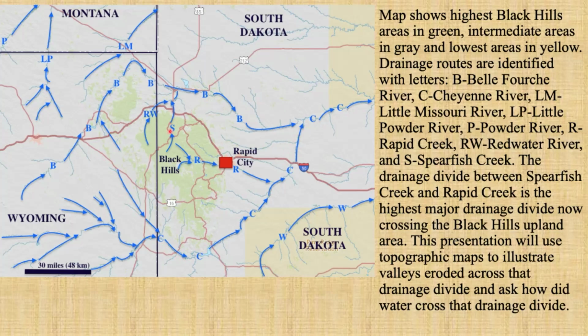Now, both Spearfish Creek and Rapid Creek are what we would call barbed tributaries in that they do not flow in the same direction as the streams that they flow into. And this is often considered to be evidence that there's some kind of stream capture going on here, but the details of those stream captures have never been explained real well, at least in most of the geologic literature.